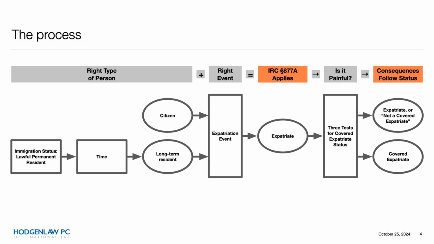Then you have to check if you're subject to exit tax, and there are 3 financial tests for covered expatriate status. If you pass all 3 of those tests, then you're just a plain regular expatriate or a non-covered expatriate, and you don't have to pay exit tax. If you fail any one of those 3 tests, then you are a covered expatriate and you're paying exit tax.